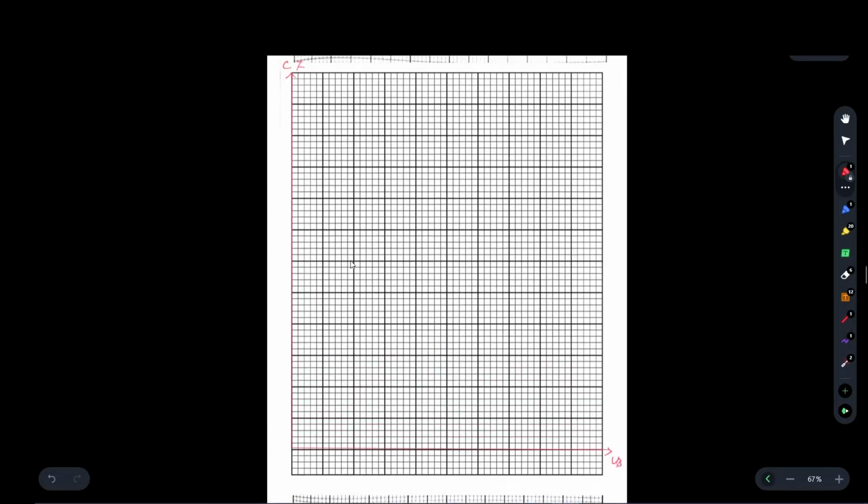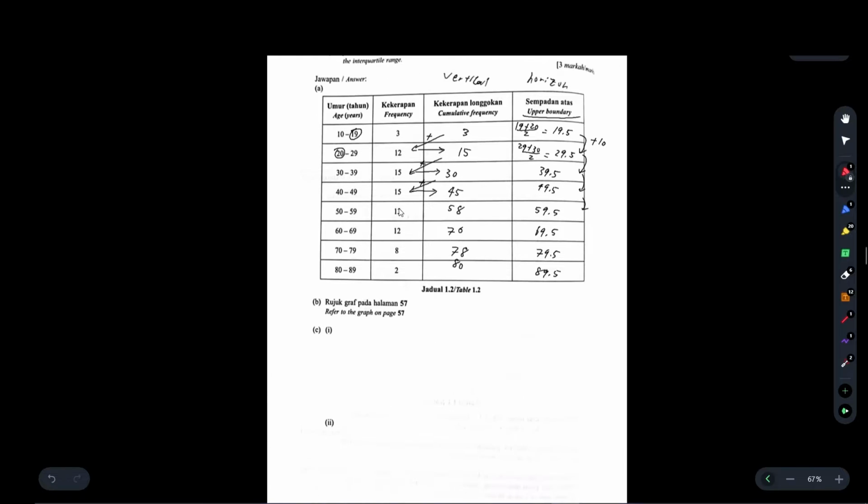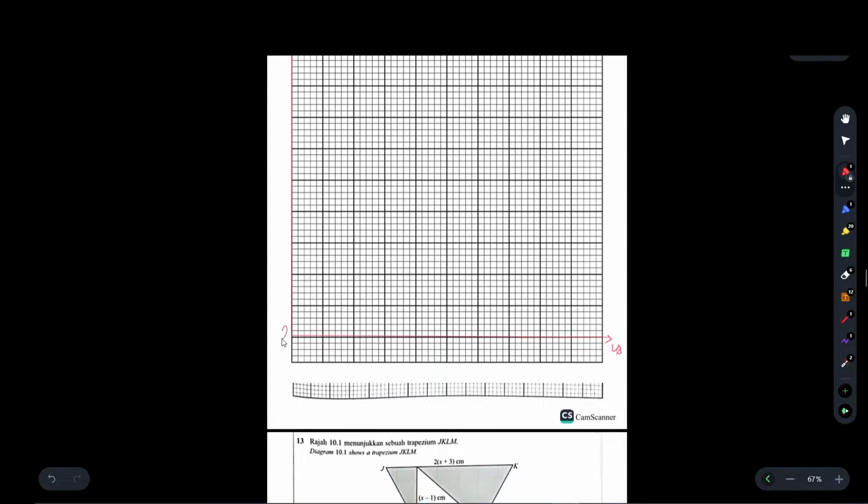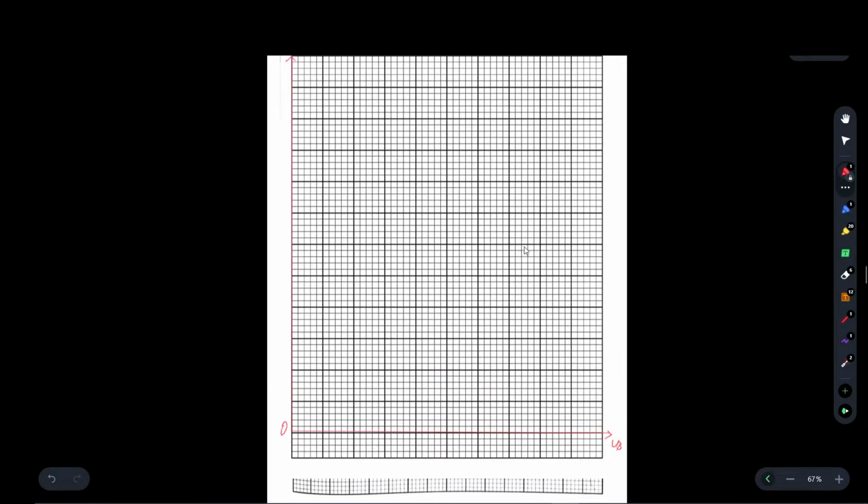Okay, right now we're gonna plot the points. It says on the scale that we have to use 2 cm to 10, right? So let's start with 0. Remember that when we are drawing the graph in this chapter, the 0 we write on the horizontal axis right here. Normally we write it like this, but we're gonna write it here because it's not gonna be starting from 0 at the horizontal axis normally.